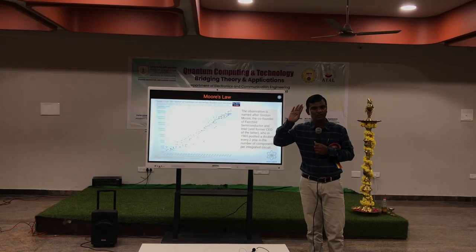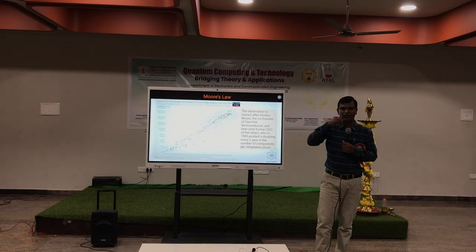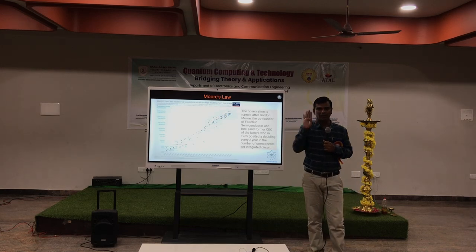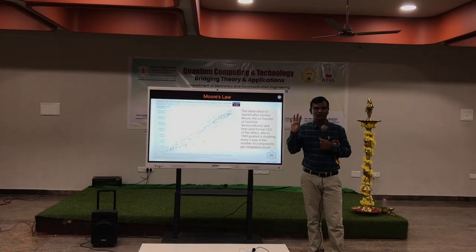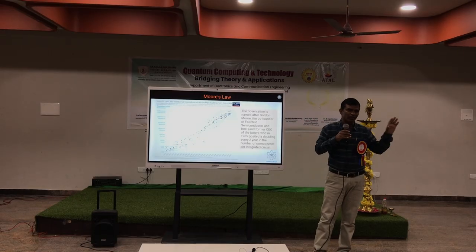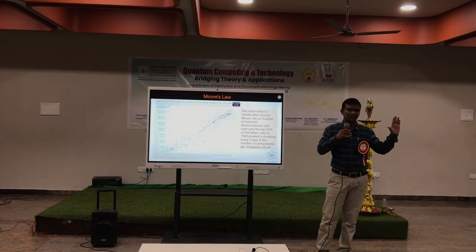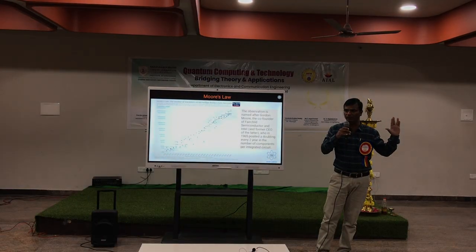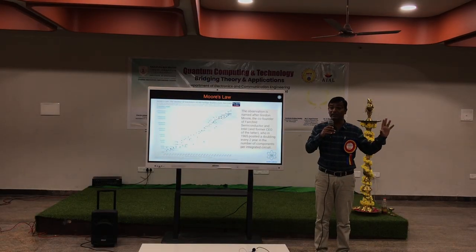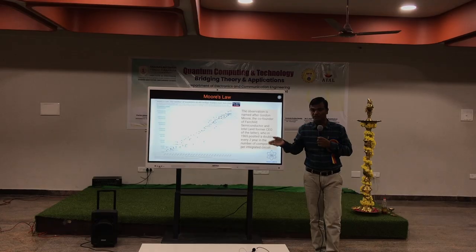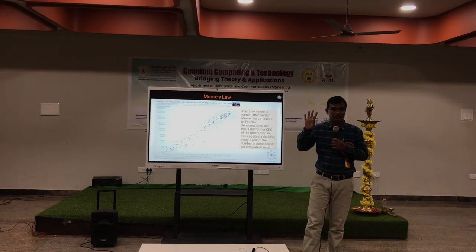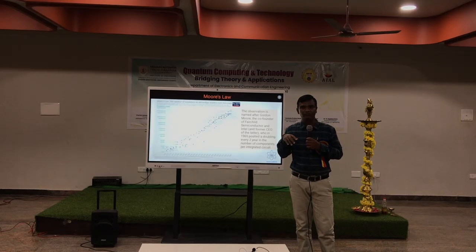Suppose I have a 4 GB RAM computer and I want to process this raw data in the form of pixels, which is a picture. Using 4 GB RAM, it will take an enormous amount of time.